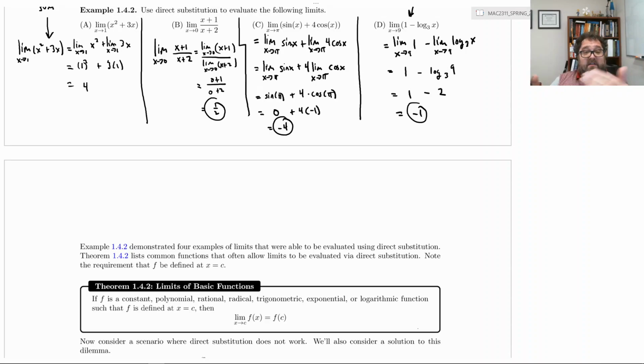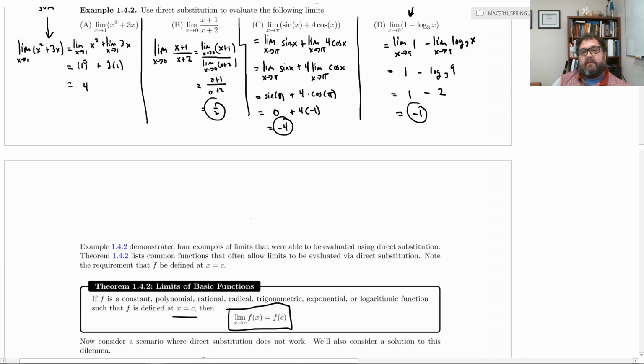If you have any of these typical functions, and the function is defined at x equals c, in other words, c is in the domain of the function, then to evaluate the limit, all you have to do is use direct substitution. And that is what we did above.